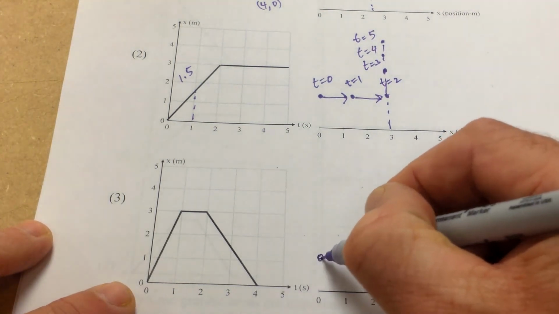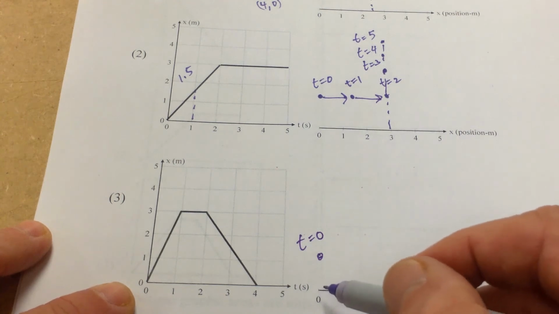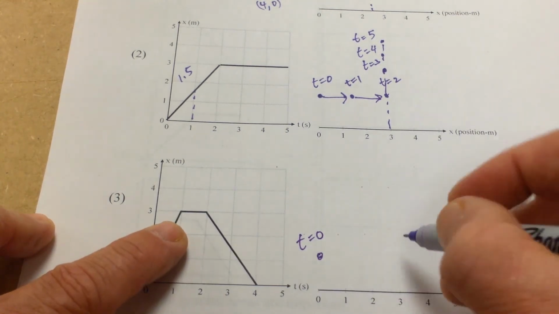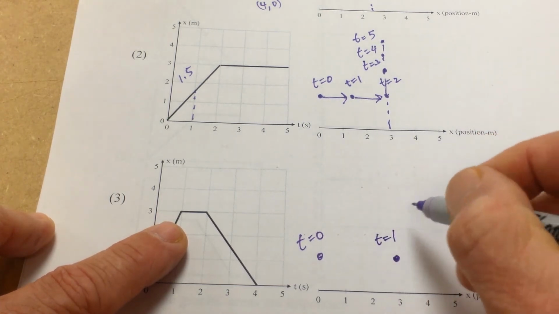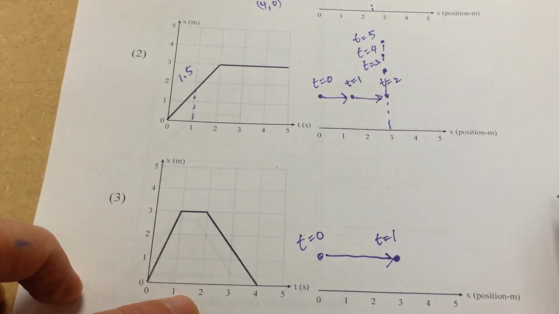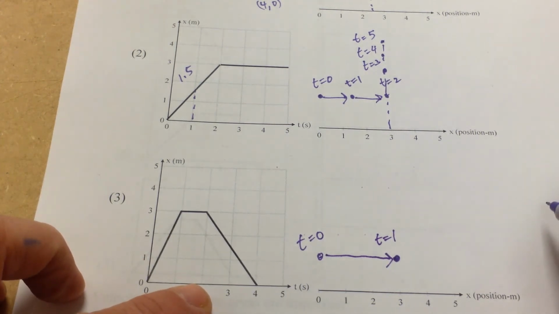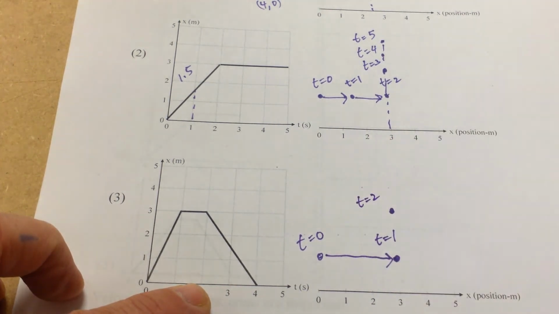So at t equals 0, the object's at 0. At 1 second, the object's at 3. Okay, so we can draw an arrow there. Well, between 1 and 2 seconds, the object rests. So I can draw that above. That would be t equals 2.